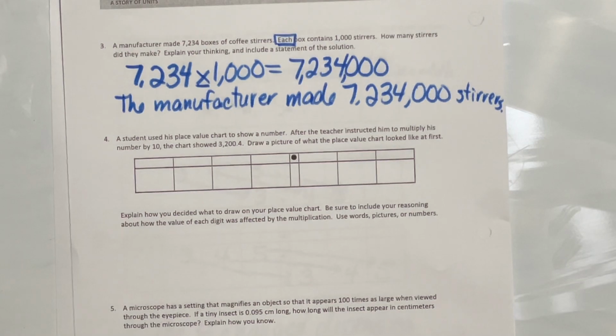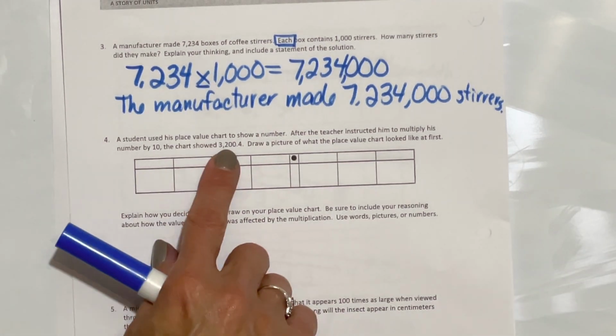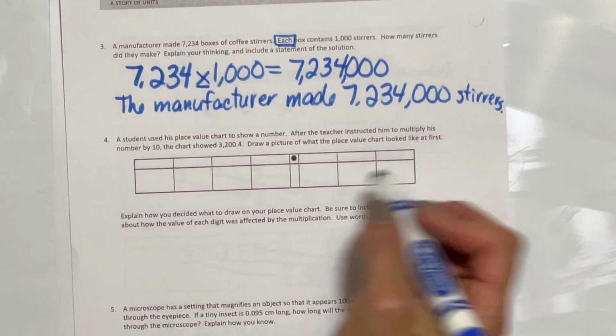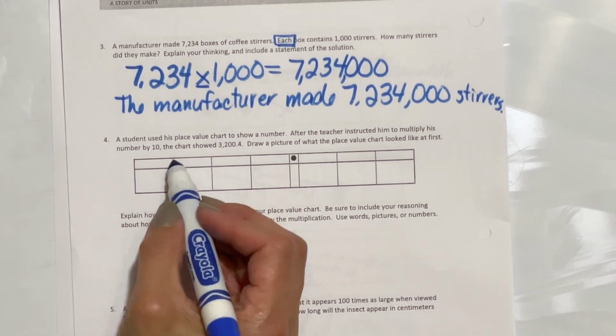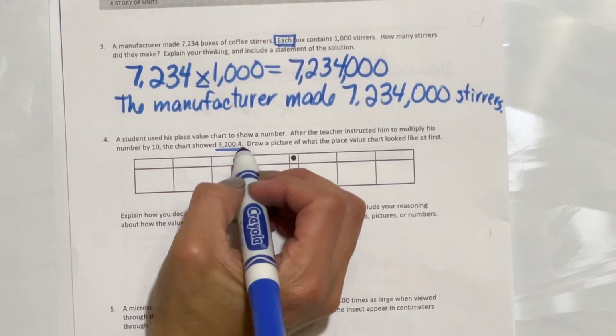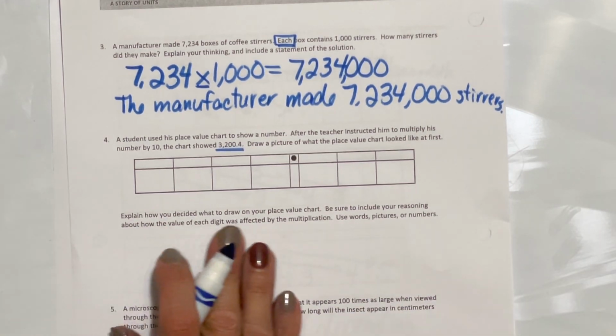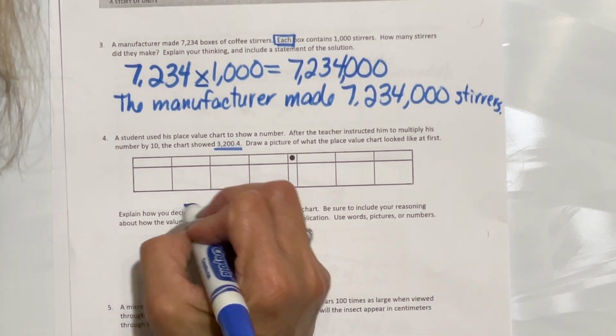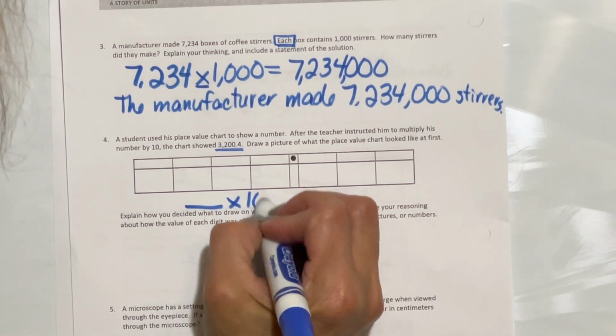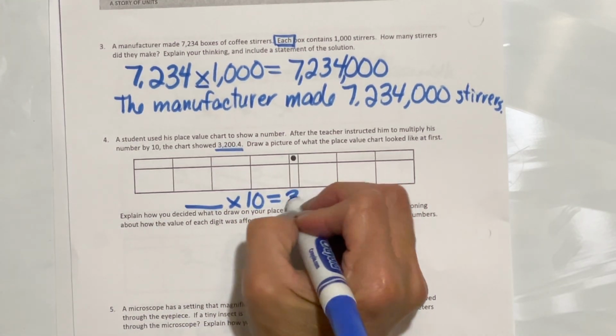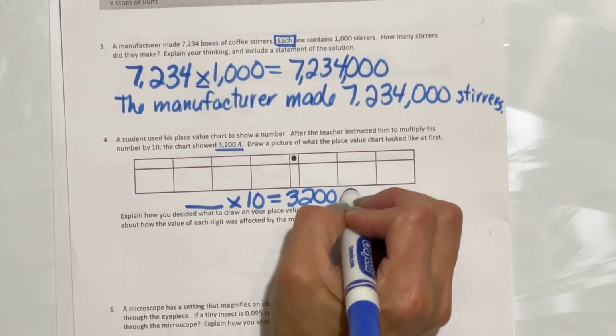All right, so after he multiplied times 10, he had some number times 10, and then he got this. So I'm going to go ahead and write some number times 10 equals 3,204 tenths.